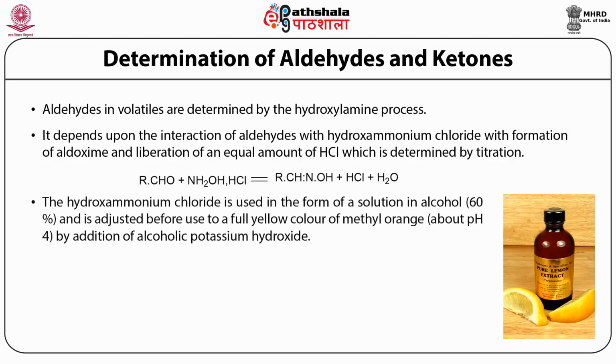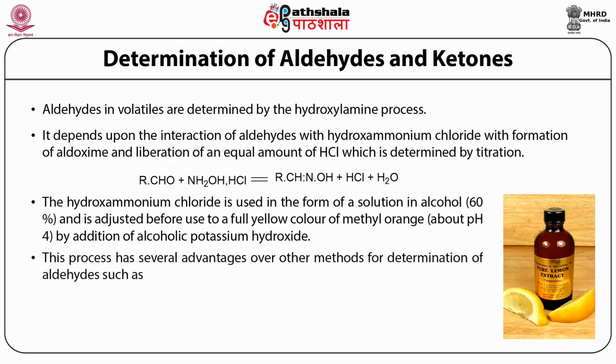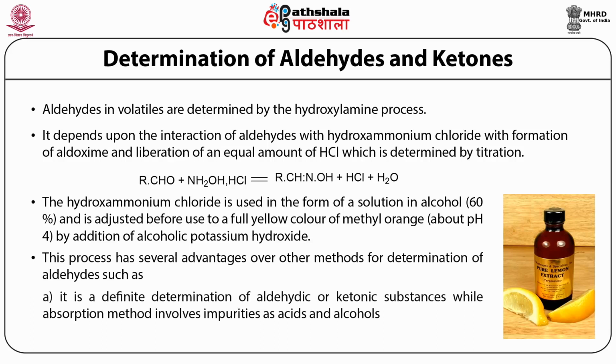The hydroxylammonium chloride is used in the form of a solution in alcohol and is adjusted before use to a full yellow color of methyl orange by addition of alcoholic potassium hydroxide. This process offers several advantages, as it is a definite determination of aldehydic or ketonic substance, and also it needs a very small quantity of oil for determination. The determination time is also very short.